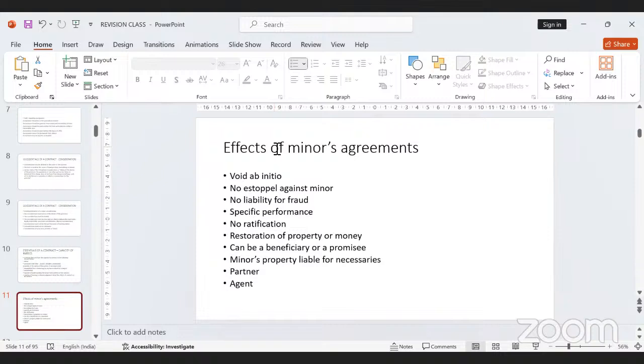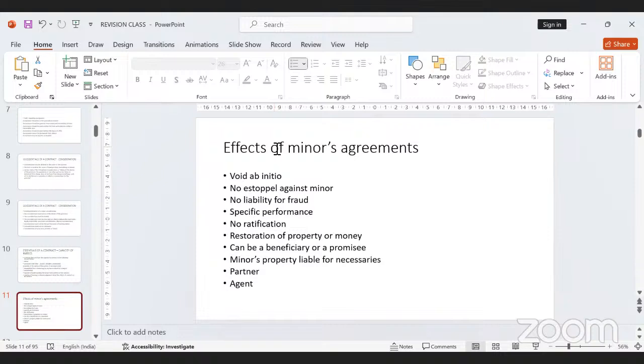So, for example, A has lent me 1 lakh rupees. If I don't return that 1 lakh, A cannot insist me to pay the money. Will any person with common sense give money to somebody when they know that they cannot get back that money from them? Nobody will give. You and I also will not give.